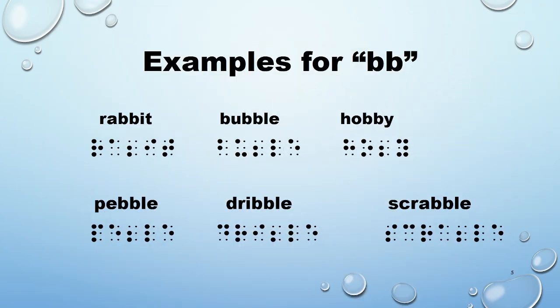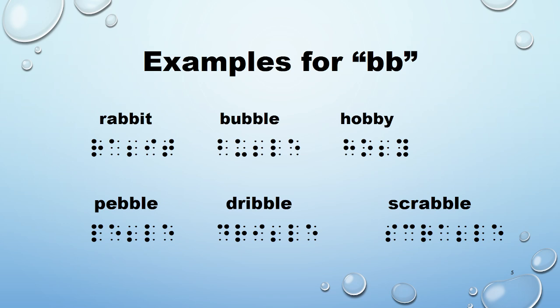For BB or lower B, here are the examples. So we have the word rabbit. It's spelled as RABBIT. That means we have two letter B's in the middle, and we can contract these two simply by using lower B or dots 2, 3.